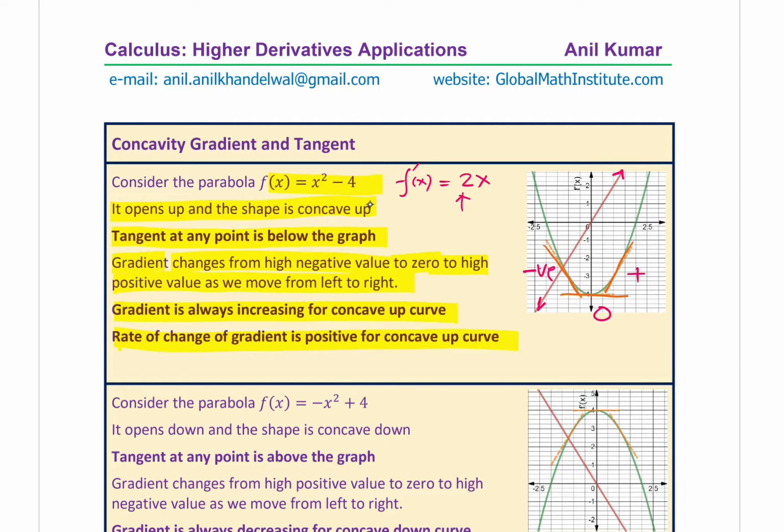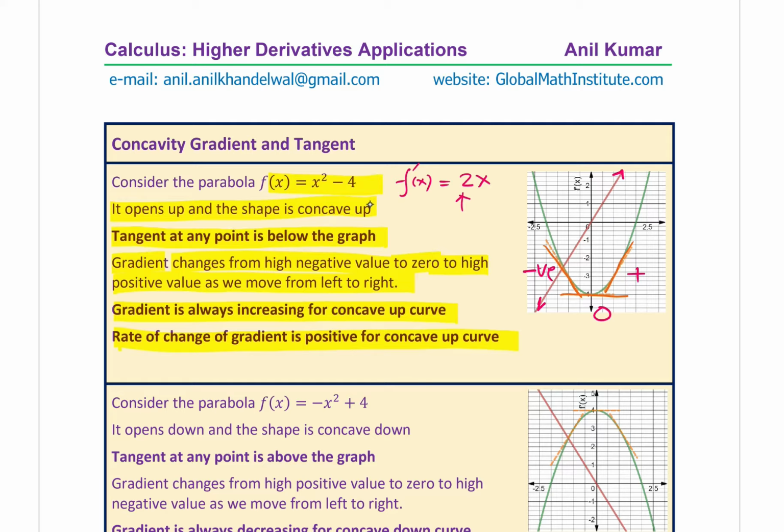Is that clear? Now let me answer this question also for you. Now we'll look into the case. We'll actually review what we just learned. Okay. So we'll again connect the concavity with the gradient and the tangent. What we learned just now is we could have concave down.